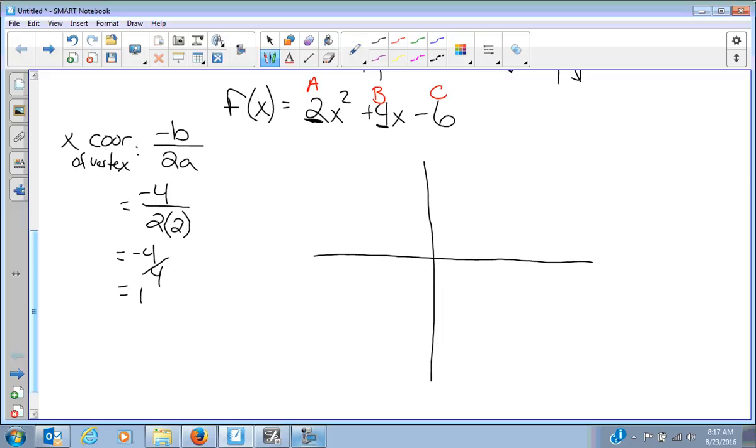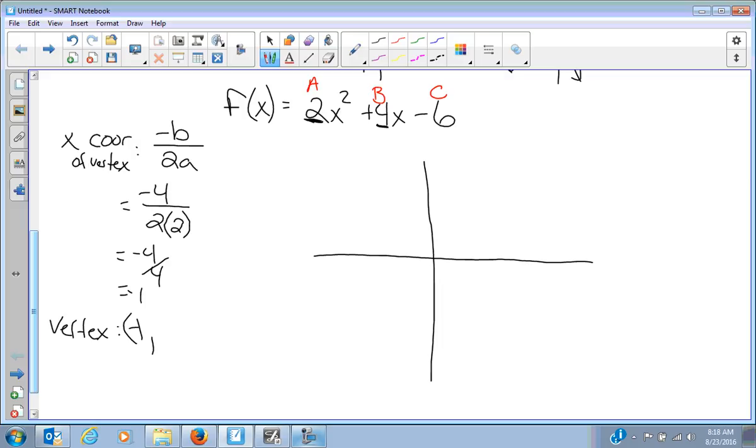I know my vertex is going to be what? What is it? Negative 1, comma, I don't know what the y is. It can't be 0 yet. You can't just throw in 0 or be like 1, because that's just what we think it is. Negative 1, sorry, thank you. How do I figure out what my y is? Am I worried about my y-intercept here?